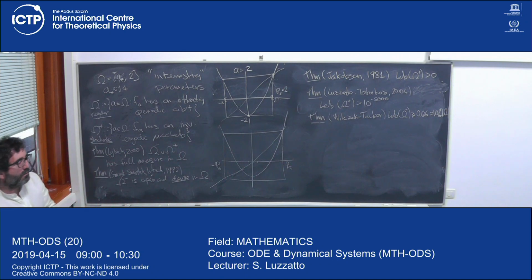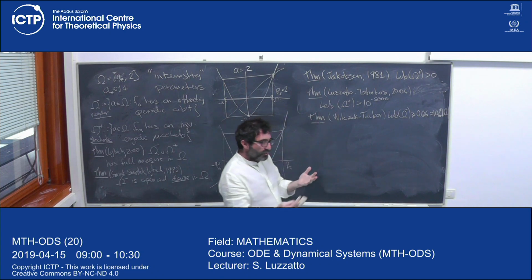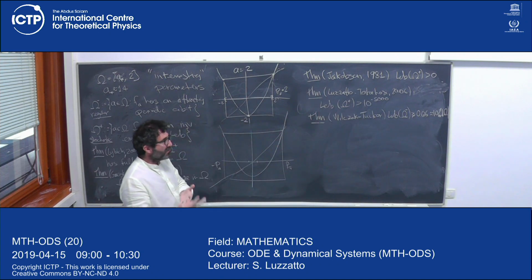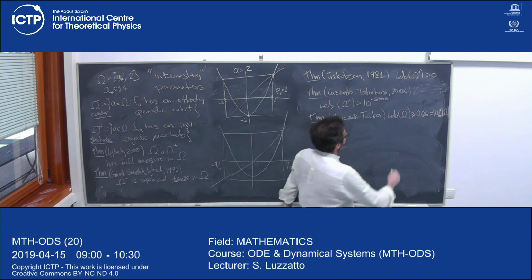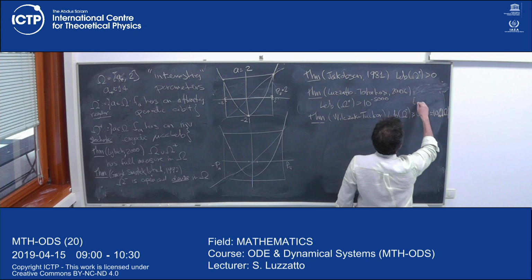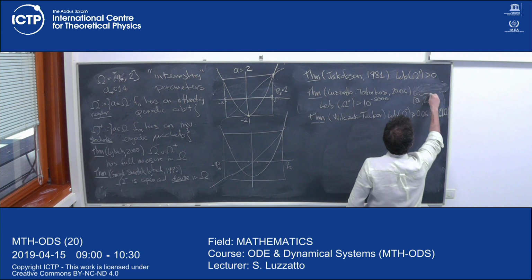What I'm working on now with a couple of colleagues is we're trying to generalize this and do also a computer-assisted version. The reason we get such a small interval is because we take an interval very close to 2. We take an interval A tilde, and the size of this interval is about 10 to the minus 5,000.